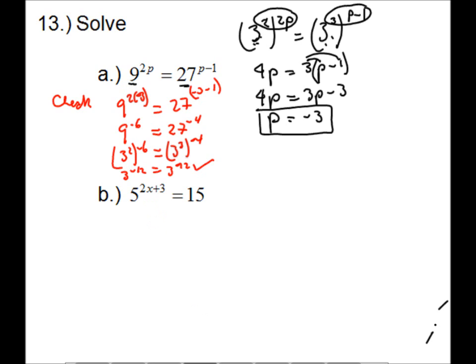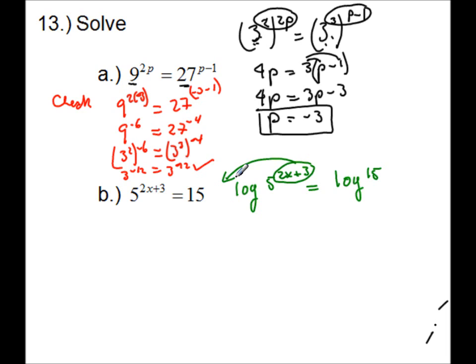The method that we're going to use here is we're going to take the log of both sides equals log 15. The whole reason for doing the log of both sides is we know that this exponent can come around down in the front using the properties of logarithms.